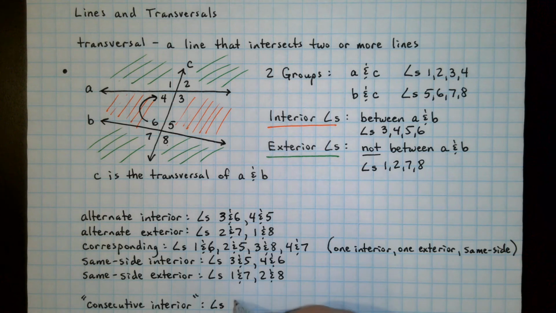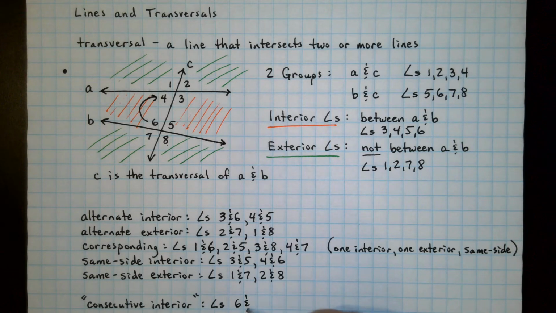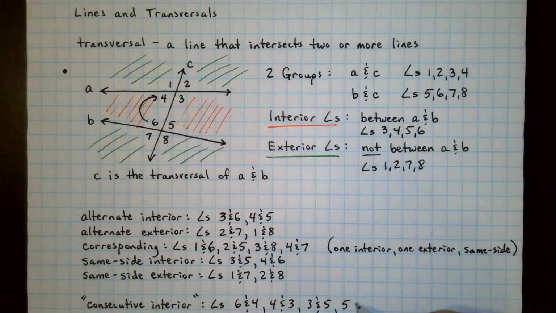Those are considered consecutive interior angles. And like I said with same side exterior, that's used with some textbooks and some teachers like to use that designation, but not everywhere. As a matter of fact, I don't see it as often anymore. It used to be used more often.